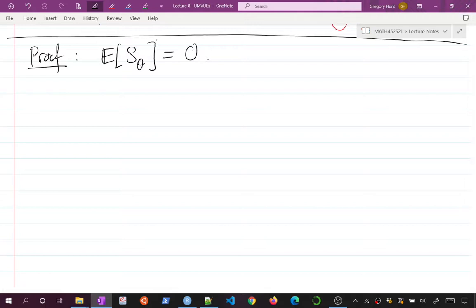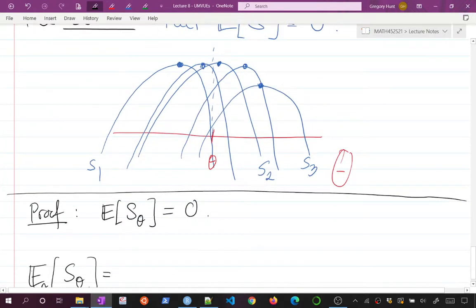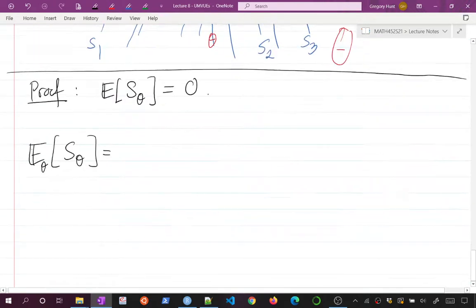So the expected value of the score at theta: we assume the true value is theta, and we look at the score at that true value. You can calculate the score at many different values of theta. If you calculate it at the true value of theta, on average, it's going to be 0. So on average, our MLE is going to be correct.